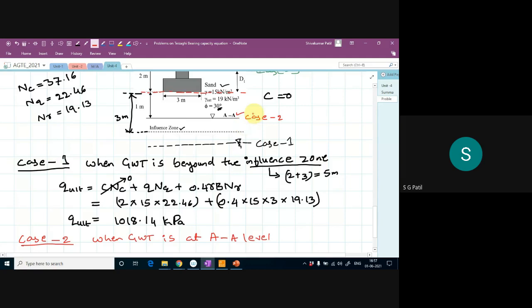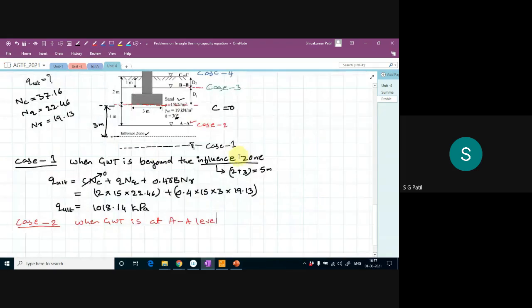Then what is the equation? First, let me write the equation, then I will write the correction factors. So Q ultimate equal to cNc plus qNq plus 0.4 gamma B N gamma.